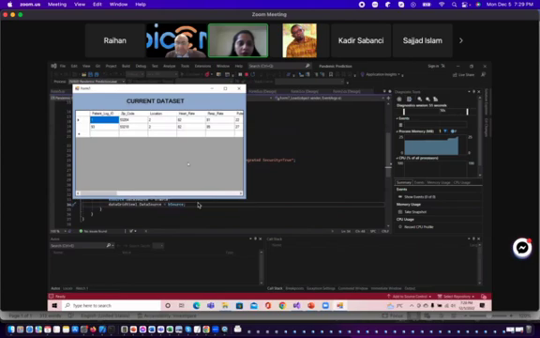After successful login, we can go to the current data set, and this will show only the current data set, not any previous version. It is only showing two subjects right now from the data set, and actually it has more than 25,000 data points, which is not possible to show in this page.